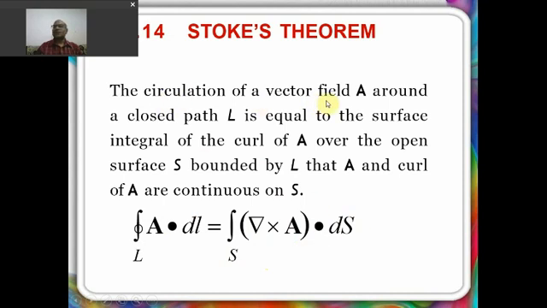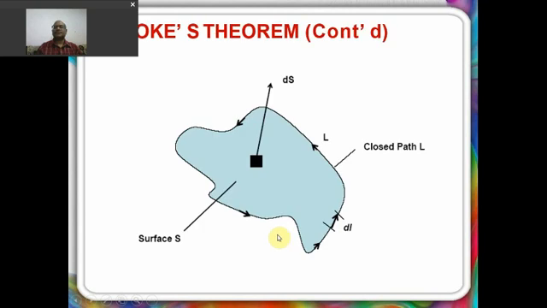So circulation of a vector field A around a closed path L is equal to the surface integral of the curl of A over the open surface S bounded by L. So there is a limit of that field by that curve, and that curve is defined by L. Inside that, whatever the surface is, that surface needs to be taken into account, and for that we find that curl. Okay, so curl of A is continuous on S.